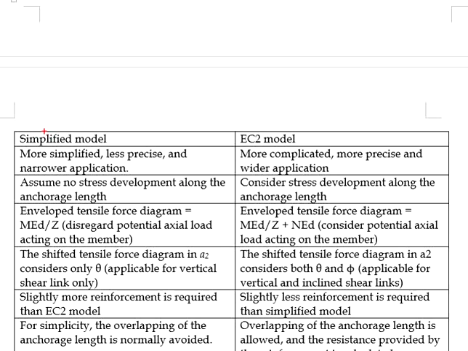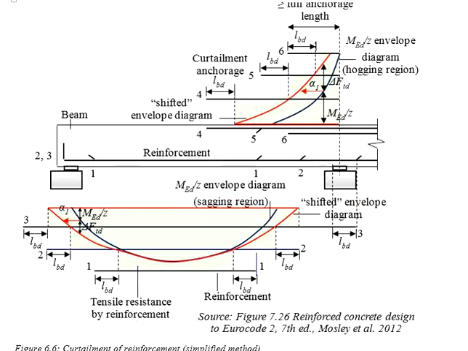Next, you see the simplified model has narrower applications than the Eurocode 2 model. The reasons lie in the determination of the envelope tensile force diagram. If you see the curved tensile force diagram in the simplified model, it is determined based on MED per Z. MED comes from the envelope bending moment diagram, whereas Z here is the section modulus.